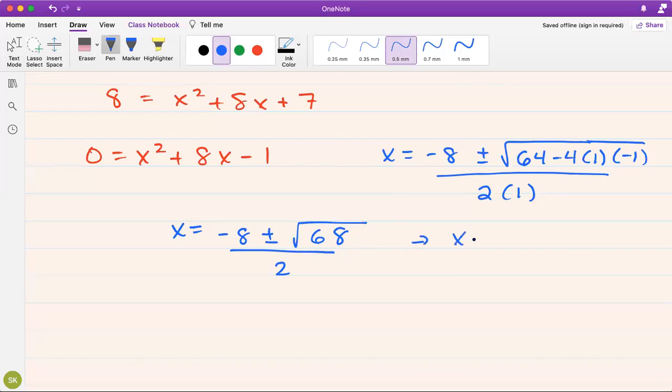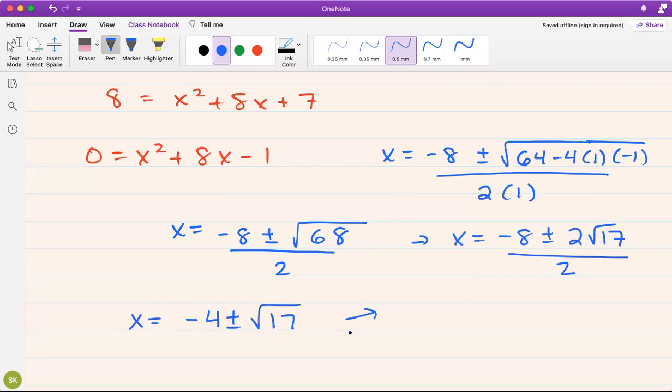So we can write this as x is equal to -8 plus or minus 2 square root 17 over 2. And then from there I can divide that 2 into everything. So I'll get x is equal to -4 plus or minus square root 17. So I'm getting two answers: -4 plus square root 17, and also -4 minus square root 17.